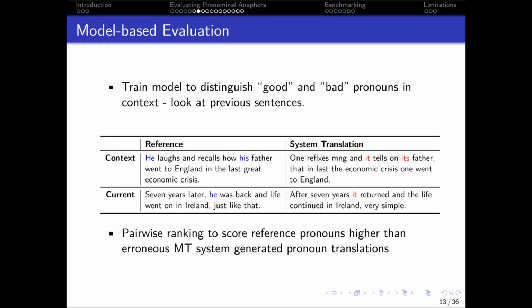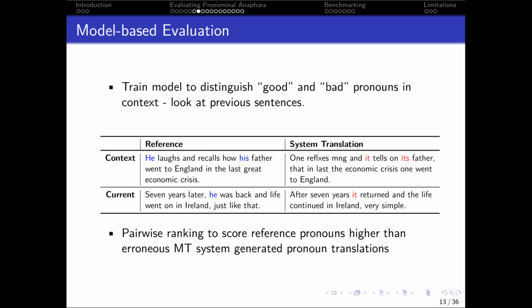The translation is poor, but the system consistently translates it incorrectly, as "it's" and "it" instead of "he." But if we look at the reference context and then compare the current reference translation versus the current system translation, it becomes a little more obvious that the system translation is wrong. So looking at the reference context as the common context, it becomes easier for the model to learn to look at errors.